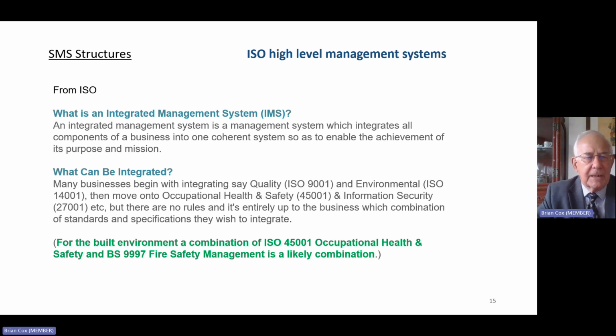If you have these, then the ISO organization has planned to help you by making some of the parts of these different systems common, so that you can make them as efficient as possible. So if you go to ISO and you have these kind of several systems, you can have a look at their high-level integrated management system.